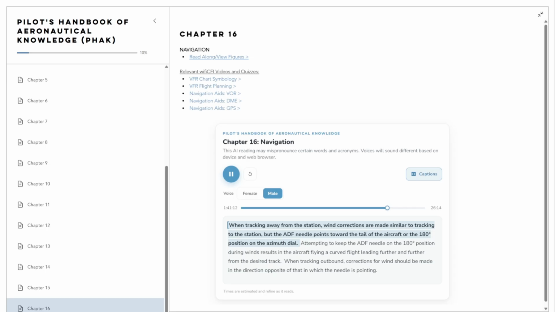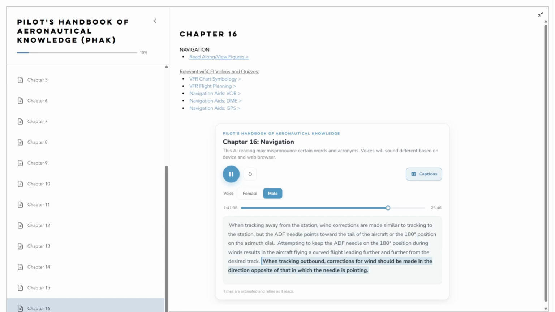When tracking away from the station, wind corrections are made similar to tracking to the station, but the ADF needle points toward the tail of the aircraft, or the 180 degrees position on the azimuth dial. Attempting to keep the ADF needle on the 180 degrees position during winds results in the aircraft flying a curved flight path leading further and further from the desired track.